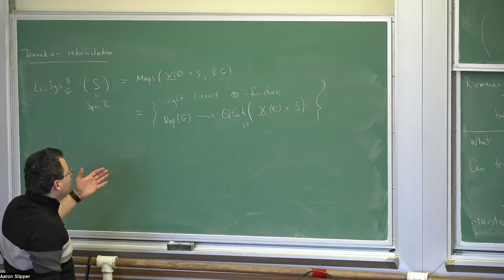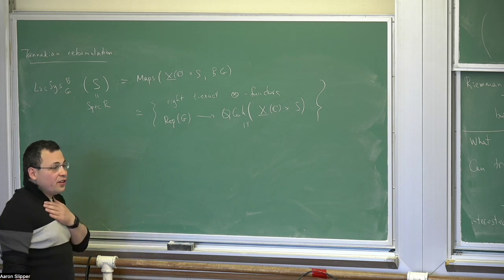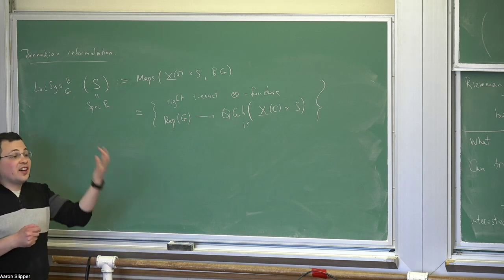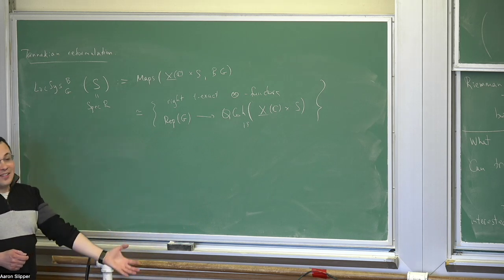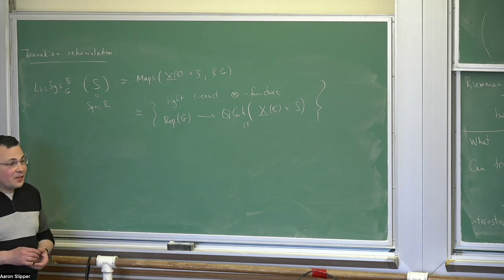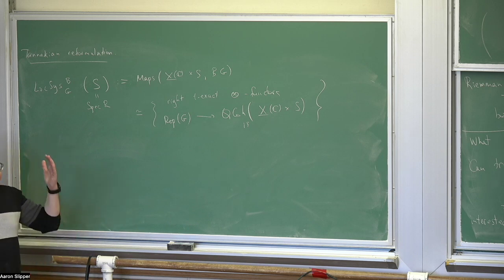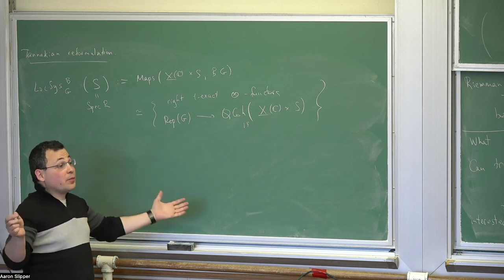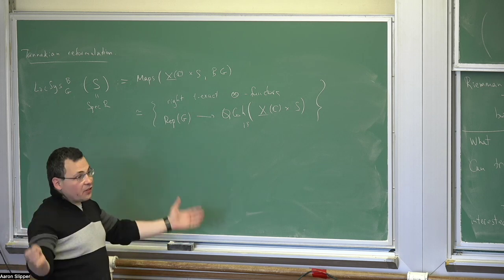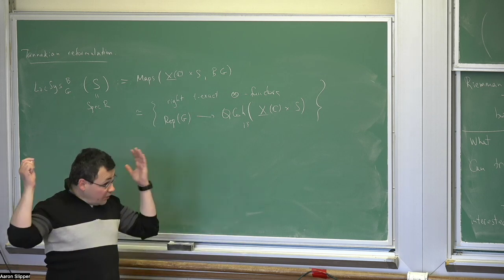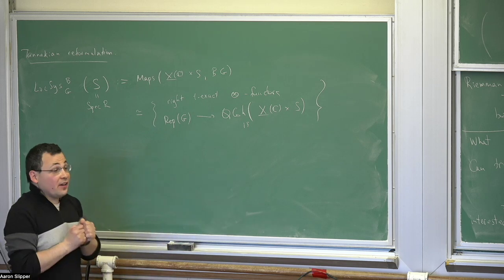And let's see, what is quasi-coherent sheaves on the constant pre-stack given by some homotopy type? You take a pre-stack given by a homotopy type. To every test affine scheme, it assigns that homotopy type.